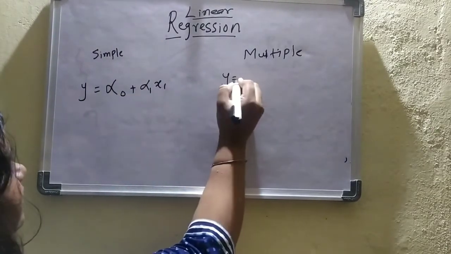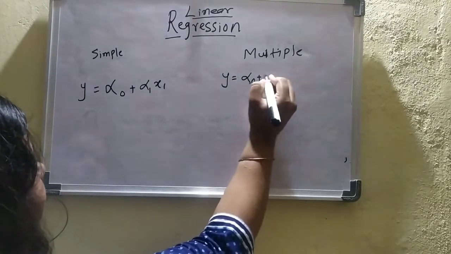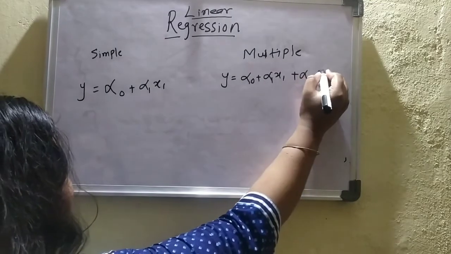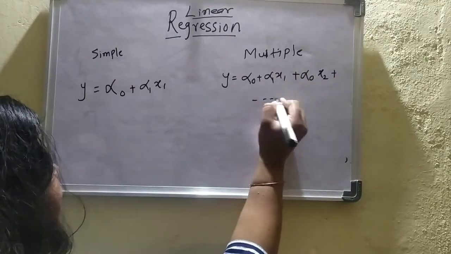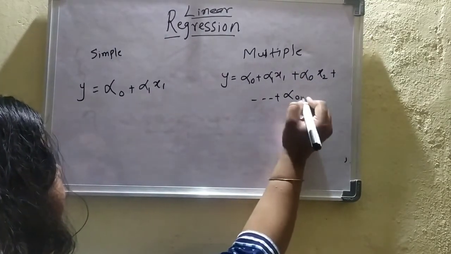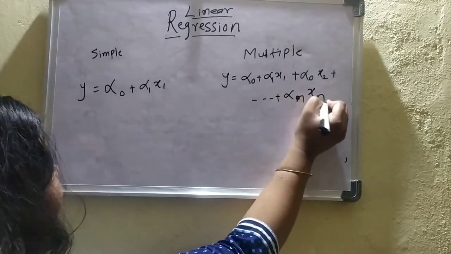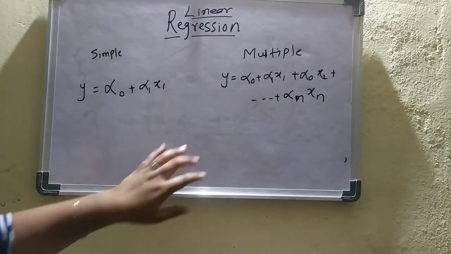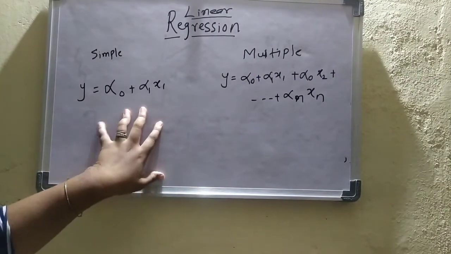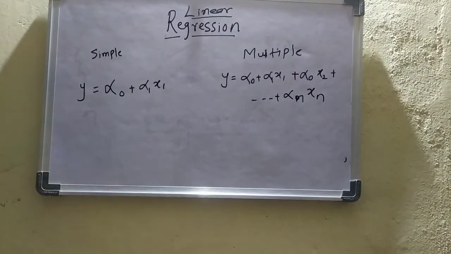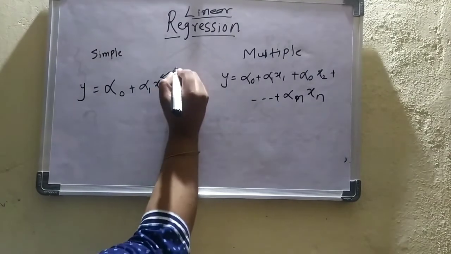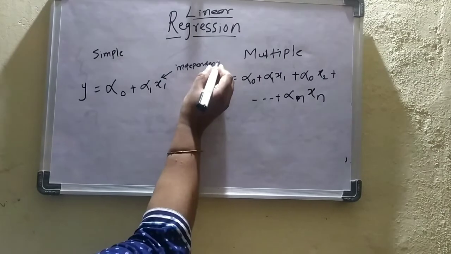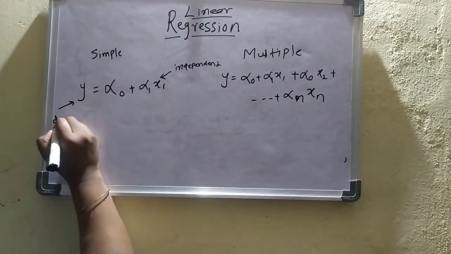For multiple linear regression, y is equal to alpha 0 plus alpha 1 x1 plus alpha 2 x2 plus dash dash dash alpha n xn. This is the equation for simple and multiple linear regression. How did we get this? What is alpha? What is x? Here x is the independent variable and y is the dependent variable.